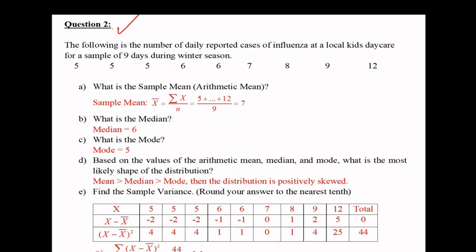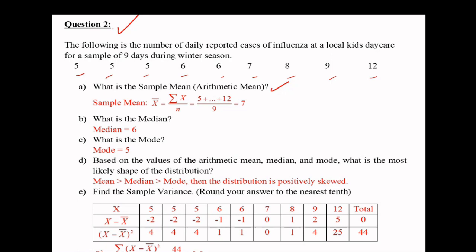Okay, this question. The following is the number of daily reported cases over 9 days: 5, 5, 5, 6, 6, 7, 8, 9, 12. What is the sample mean? The arithmetic mean.